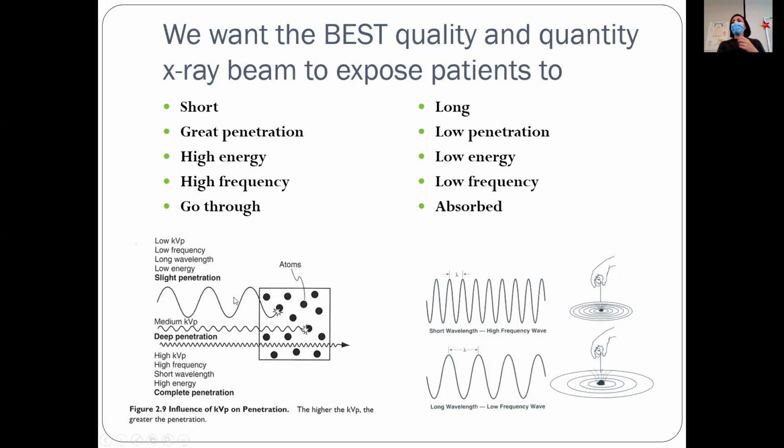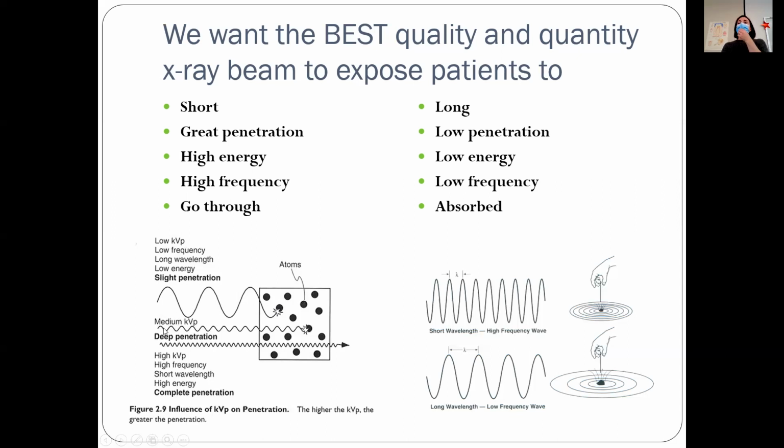So here it's showing a cross section. Let's say this is a cheek, and these are all the atoms inside of a cheek. We are showing how a longer wavelength, so the wavelength from crest to crest is longer, has lower frequency, because if we count up the peaks from here to here, there are fewer. So this is low frequency, long wavelengths. They come along and get absorbed in the cheek.